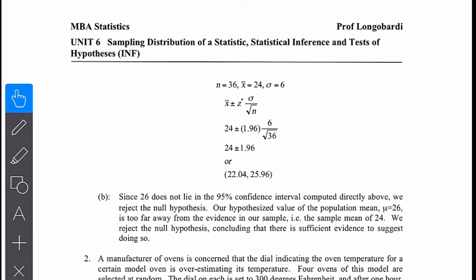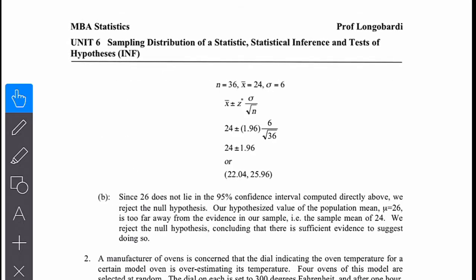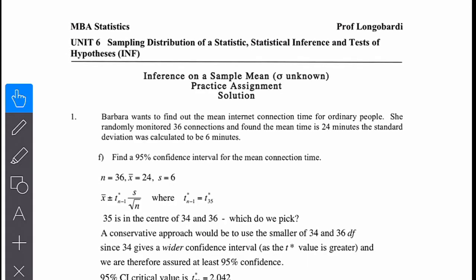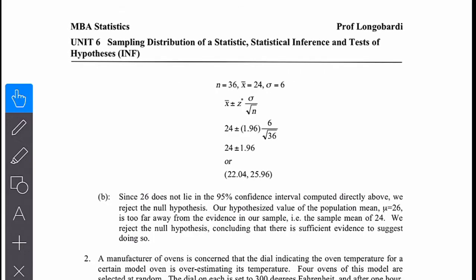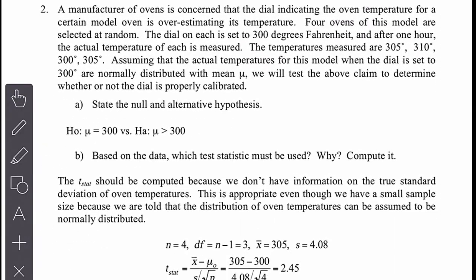So if I look at this question, it's a question about the ovens, number 2. A manufacturer of ovens is concerned that the dial indicating the oven temperature for a certain model is overestimating its temperature.